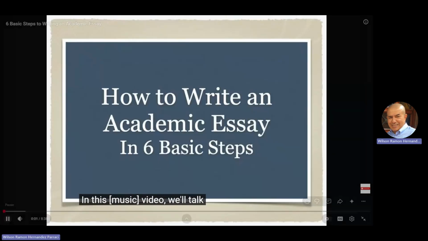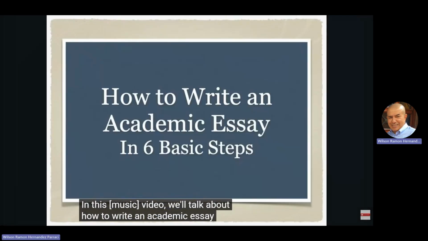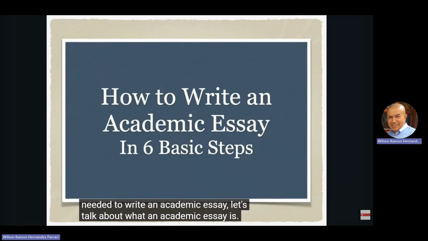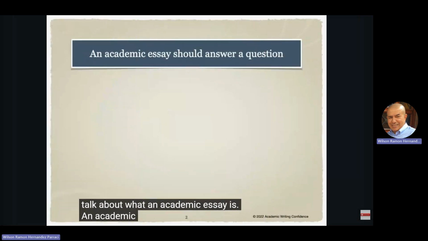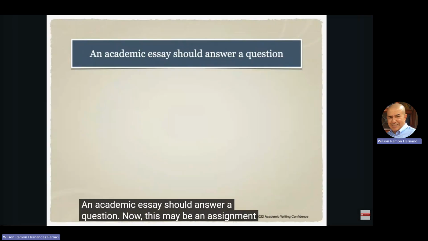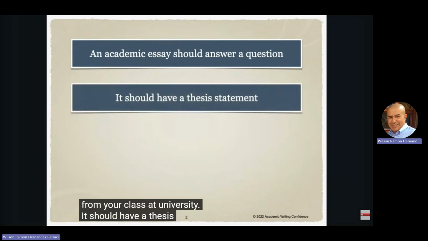In this video, we'll talk about how to write an academic essay in 6 basic steps. Before we talk about the different steps needed to write an academic essay, let's talk about what an academic essay is. An academic essay should answer a question. Now, this may be an assignment from your class at university. It should have a thesis statement.